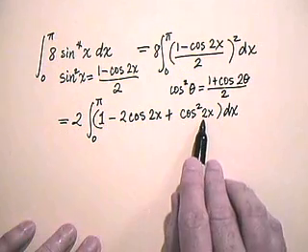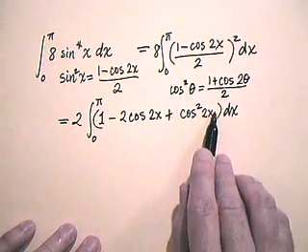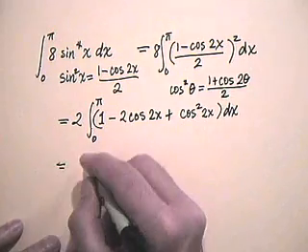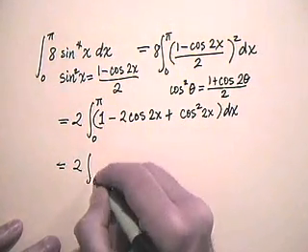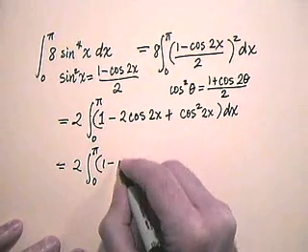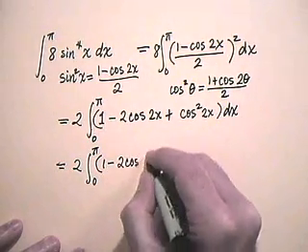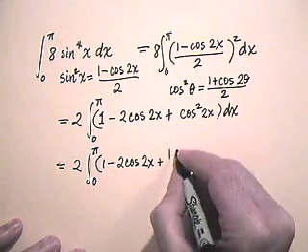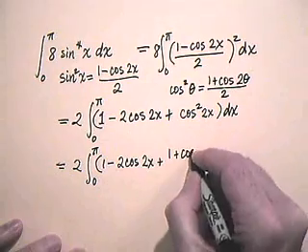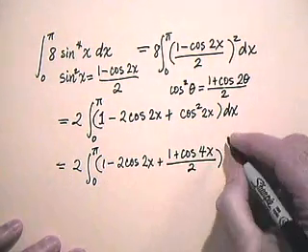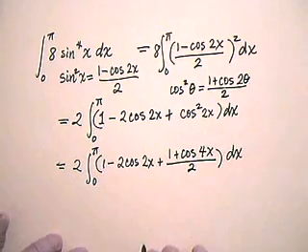So we're going to apply that with theta being 2x, and so 2 theta will be 4x. And so now we have twice the integral from 0 to pi of 1 minus 2 cosine of 2x plus 1 plus cosine of 4x, all divided by 2, dx.